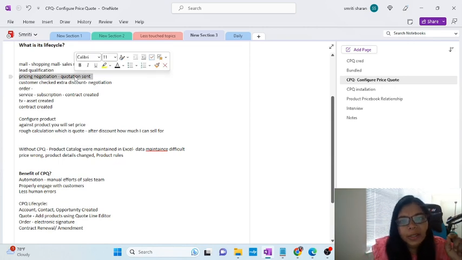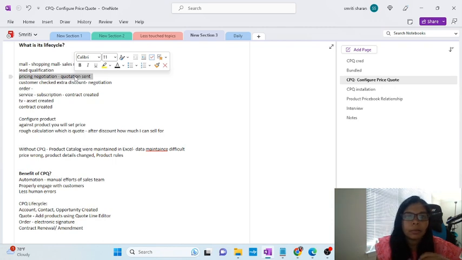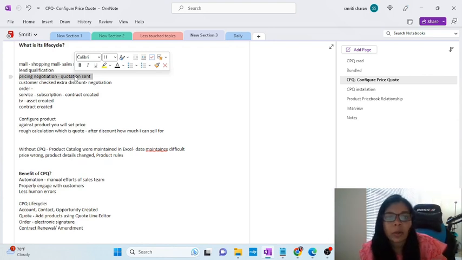Now the salesperson contacts you and there's a price negotiation. For example, you say, okay, I will purchase this many laptops. Can you send me the quotation? And then the salesperson sends you the quotation. It's like a rough invoice, not the final one.